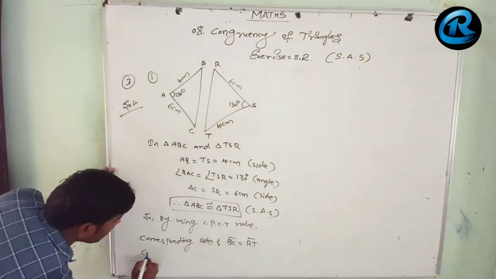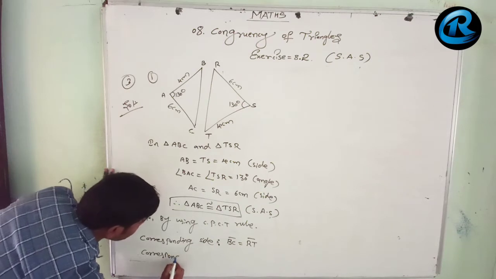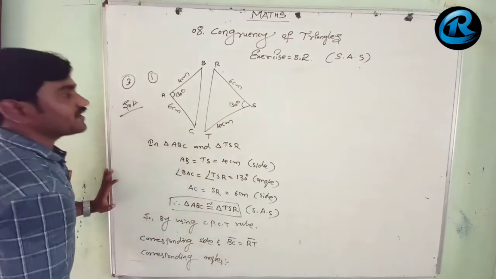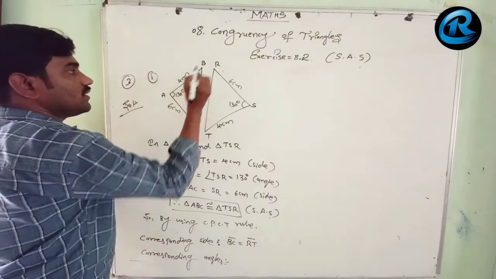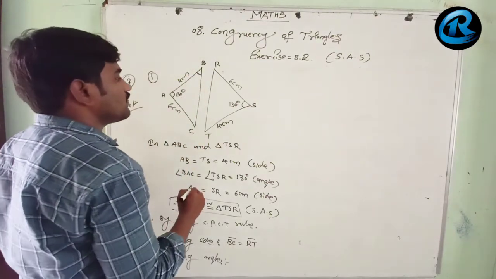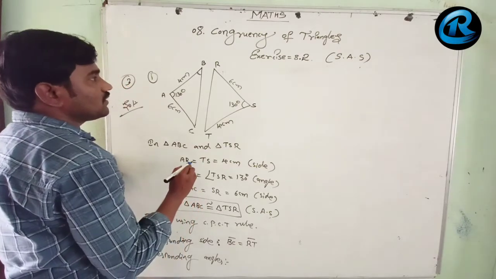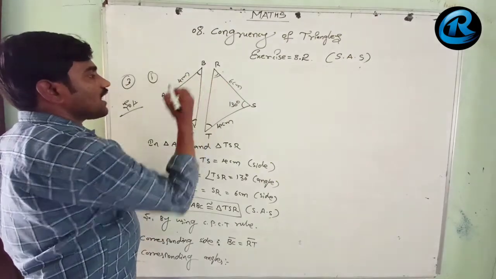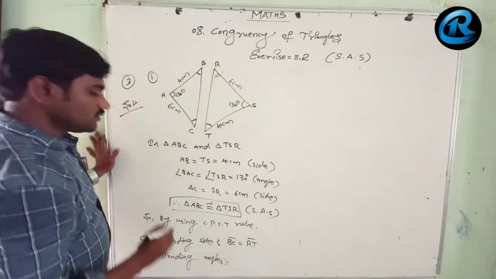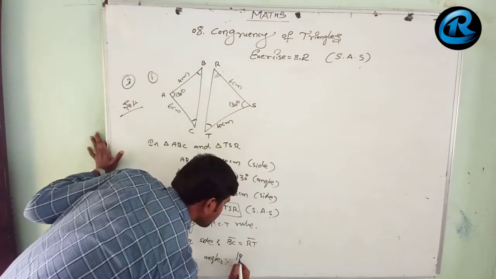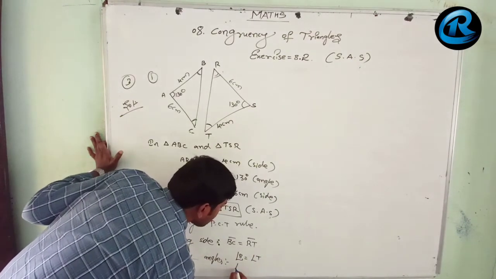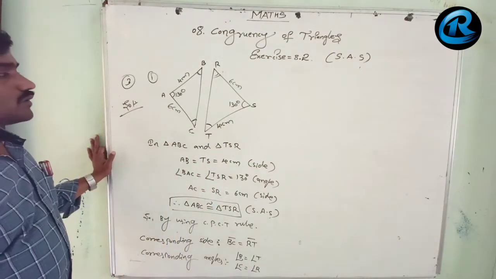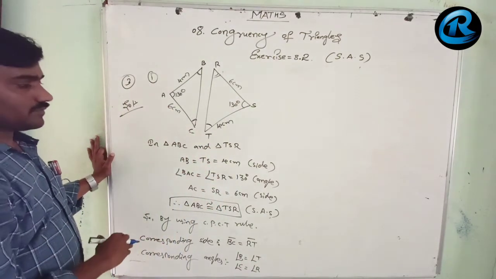And corresponding angles: angle B is equal to angle T, and angle C is equal to angle R. So these two angles will be equal.